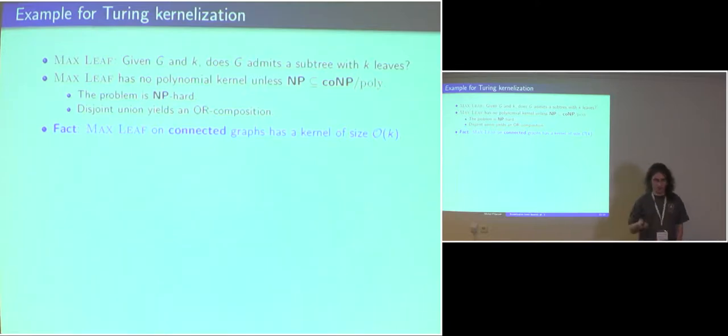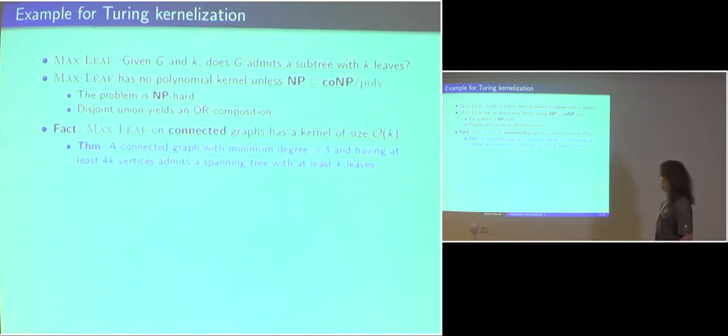To see it, it's actually not that magical. There is a very nice theorem of Kleitman and West in extremal graph theory that says that if you have a graph of minimum degree 3 that has at least 4k vertices, then for sure you have a spanning tree with at least k leaves.